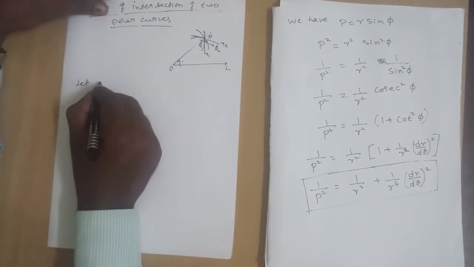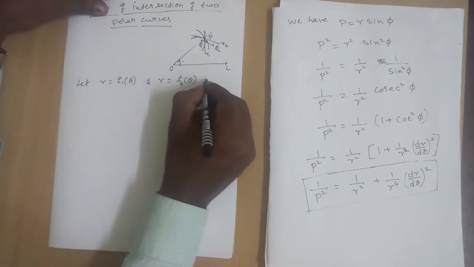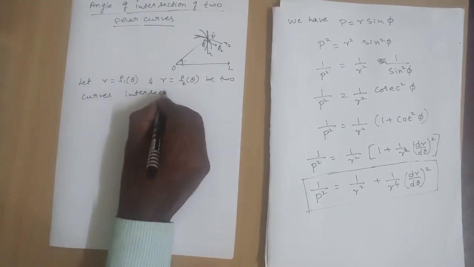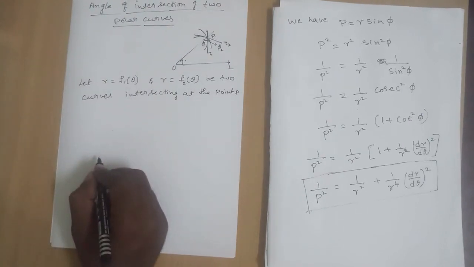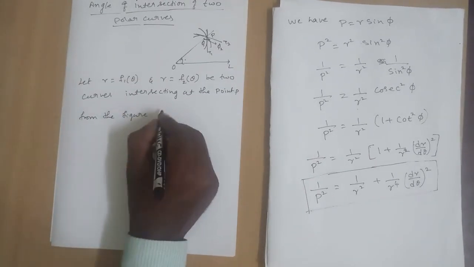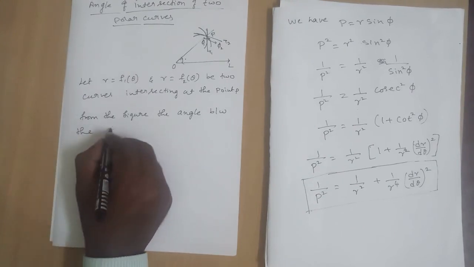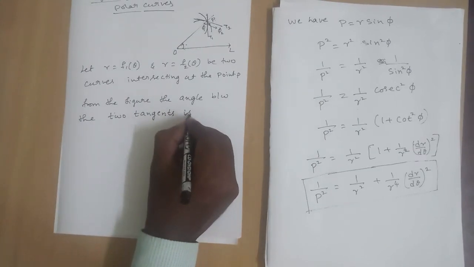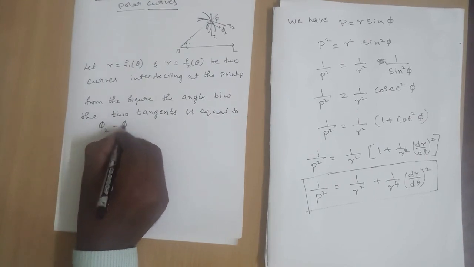So here let r equals f1 of theta and r equals f2 of theta be two curves intersecting at the point P. So from the figure, the angle between the two tangents is equal to phi 2 minus phi 1.